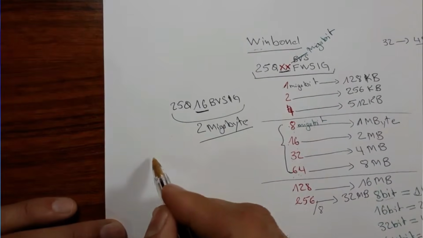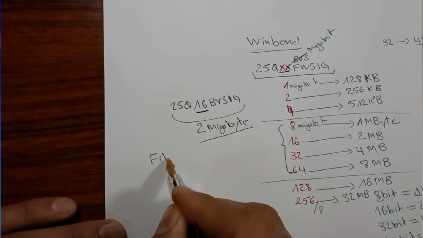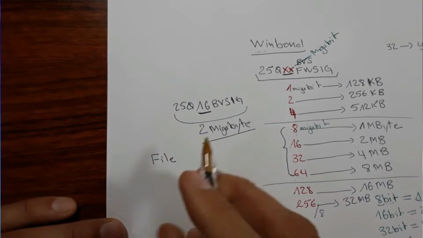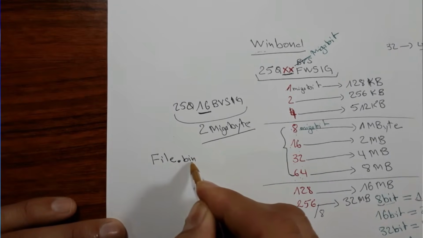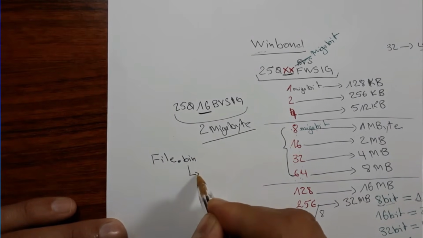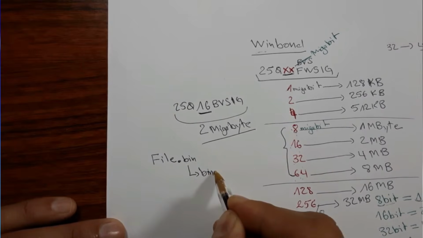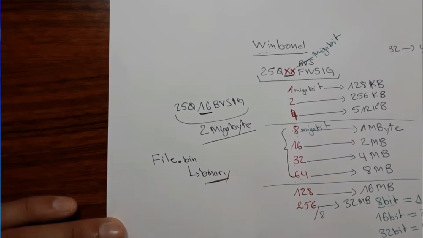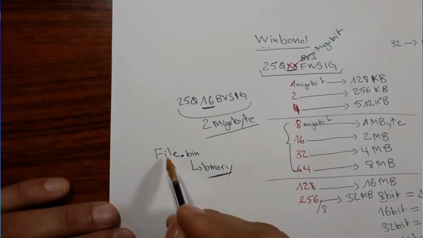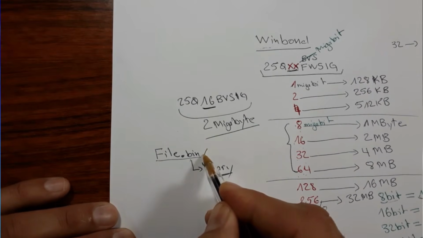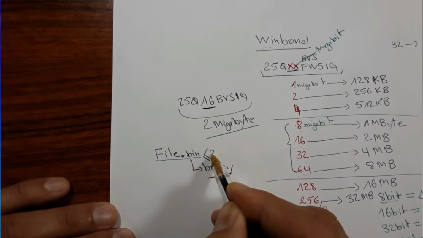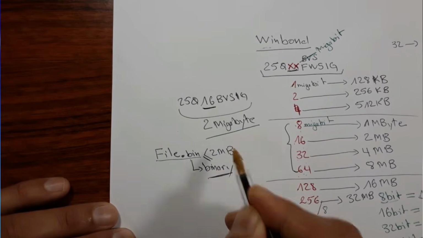The file that we usually find with a bin extension, bin meaning binary, should be less than or equal to 2 megabytes.